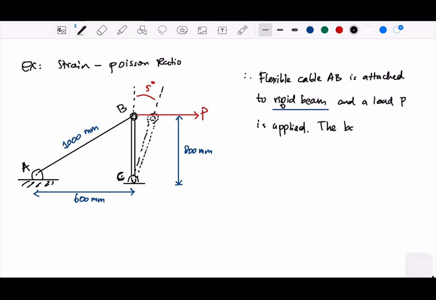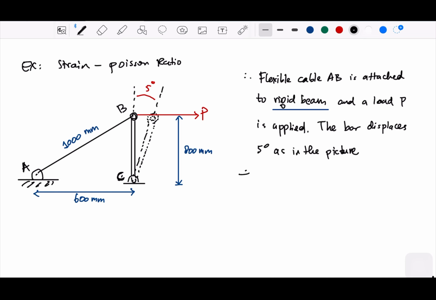The bar displaces 5 degrees as in the picture. I mean the bar is moving, rotating around 5 degrees.